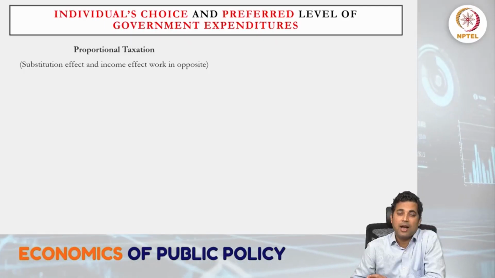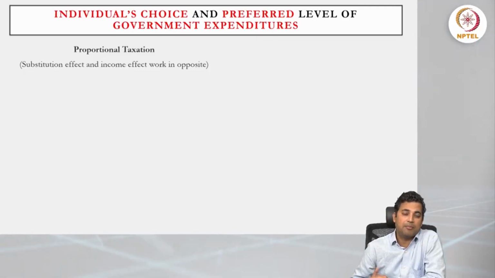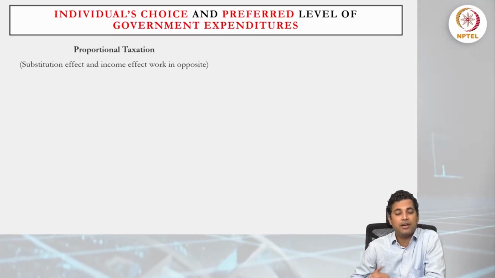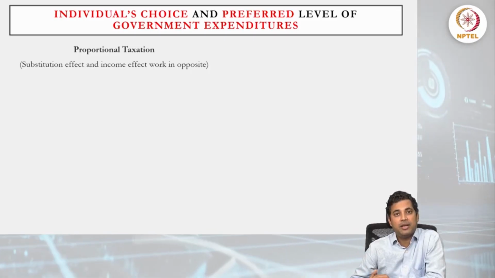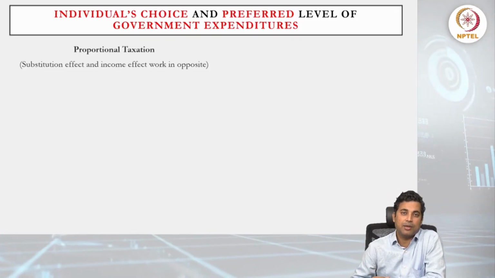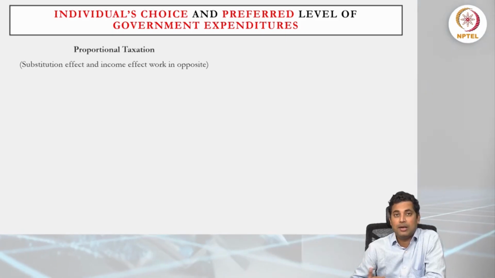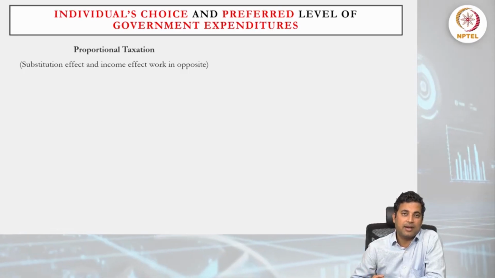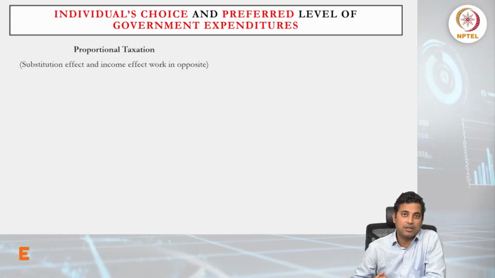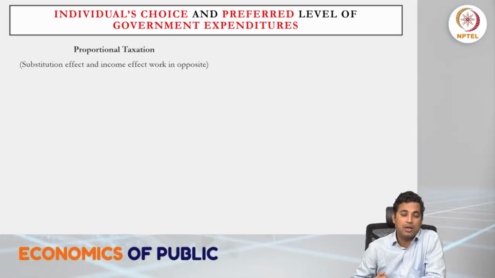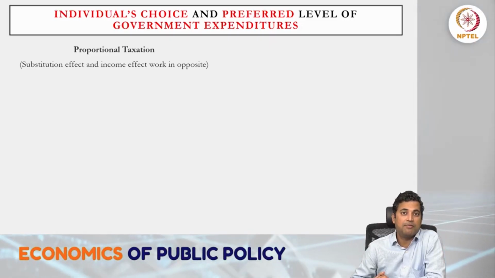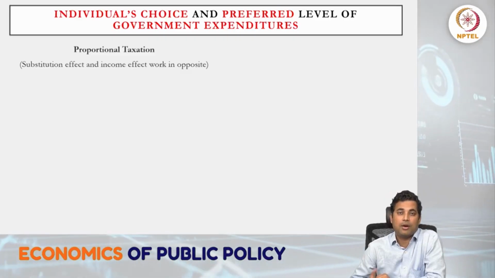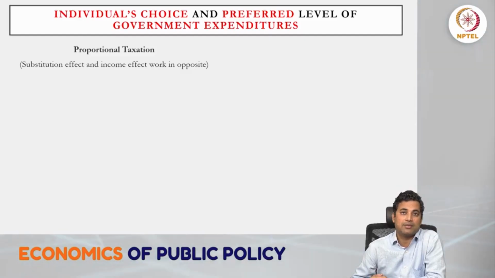For complementary goods, take printer and ink: a printer will not be useful if there is no ink, and therefore if the price of ink increases, that also has an impact on the printer. The other example we took is public transportation, like access to the metro. If my house is very far away and there are no local auto services, it will be very difficult for me to access the metro.